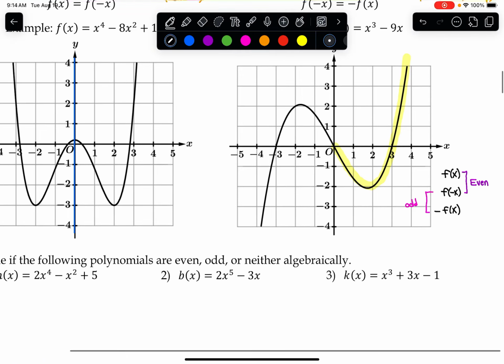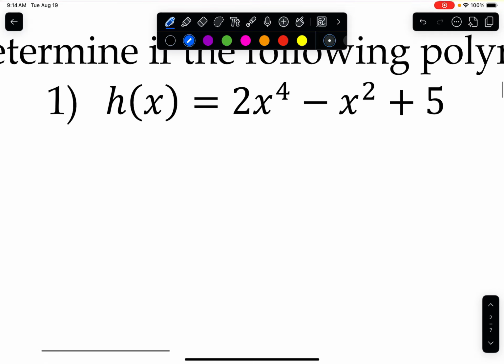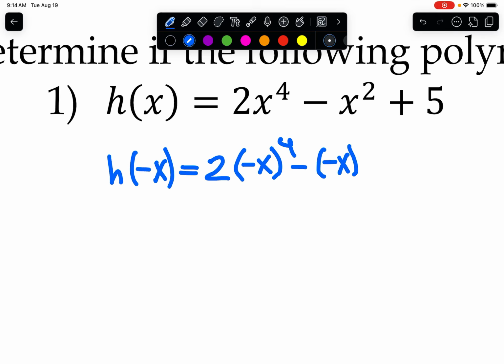So algebraically, let's go through these. We already have h of x, so now I want to plug in and find h of negative x. For every variable we have, I'm going to plug in a negative x. So I'm going to have 2 times (negative x) raised to the fourth, minus (negative x) squared, plus 5.